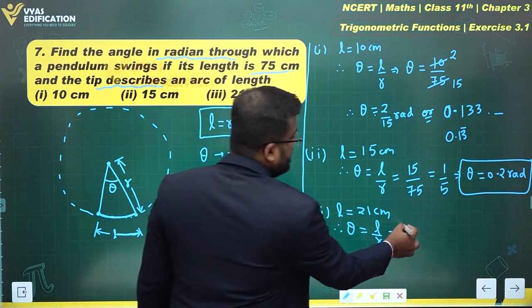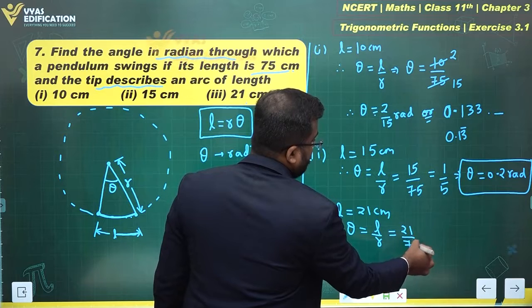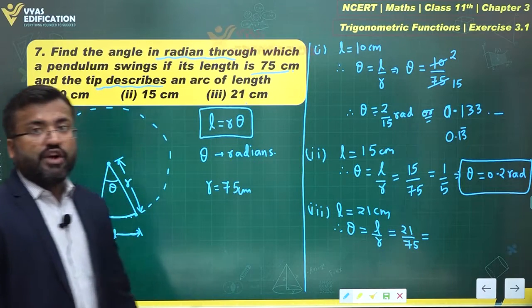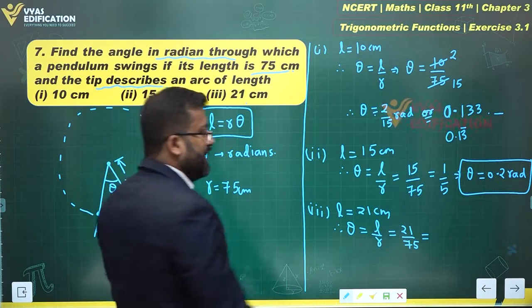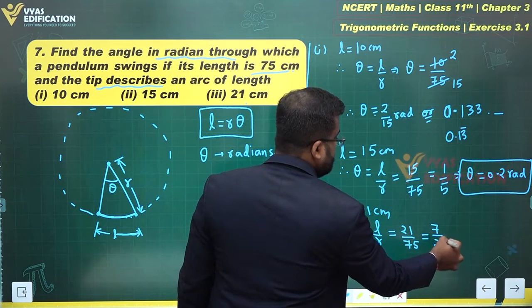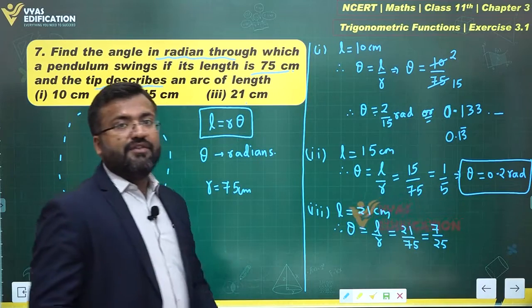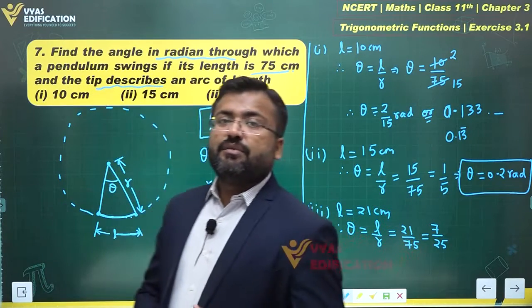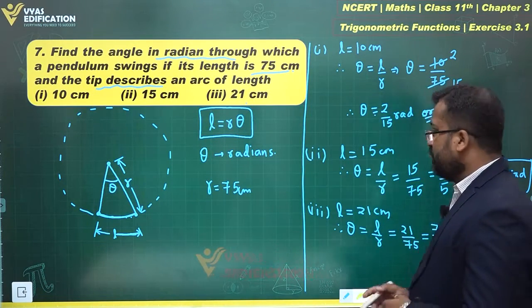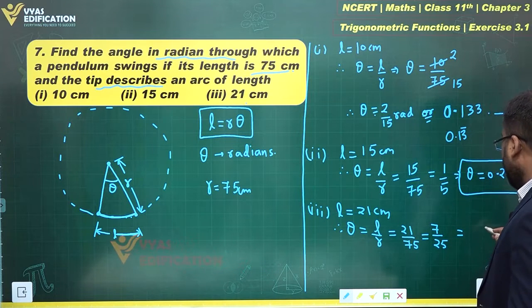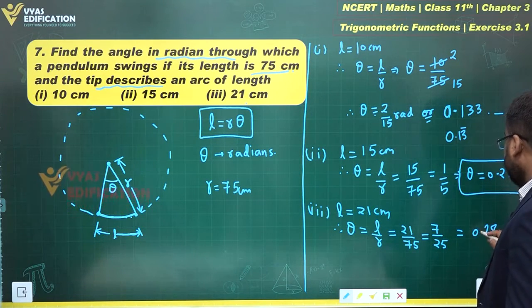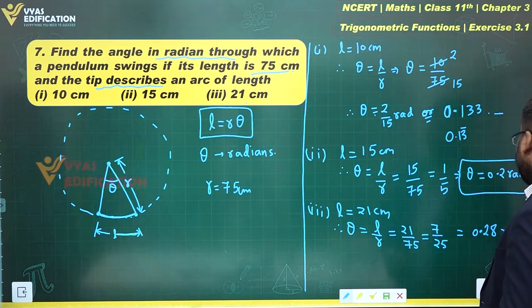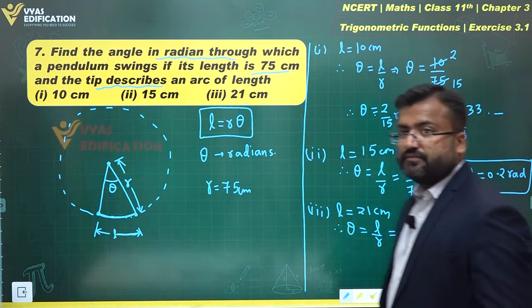L is 21, this is 75, and this ratio, you can cancel by a factor of 3. You will get 7 upon 25 radian. 7 upon 25 can further be simplified. Division by 25 is not a difficult thing. Multiply the numerator by 4 and put a decimal after 2 places from the right. This is 0.28 radian. That's my answer.